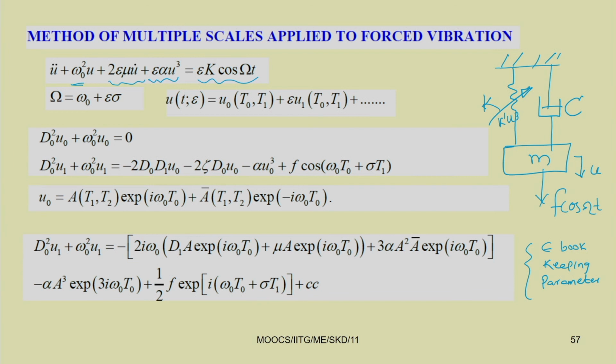On the forcing side, F cos omega t is divided by m, so F by m can be written as epsilon k cos omega t. This way you can derive this equation of motion.